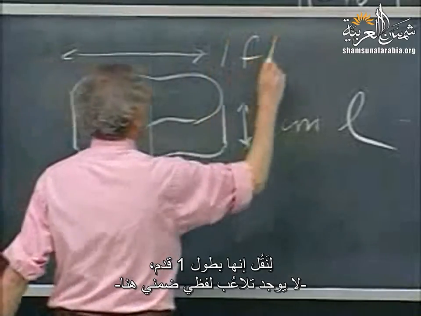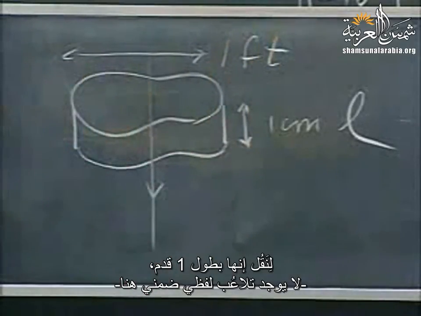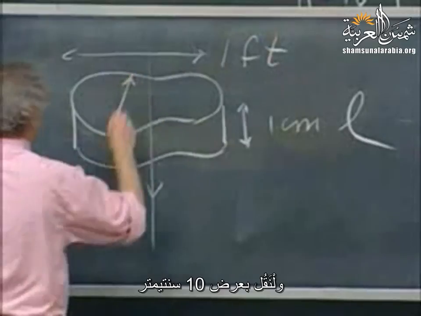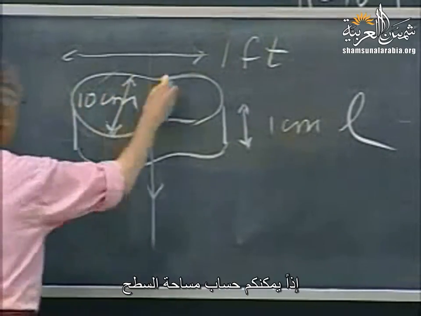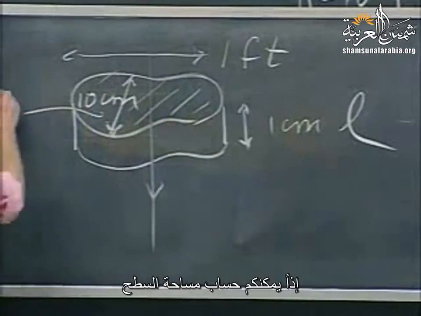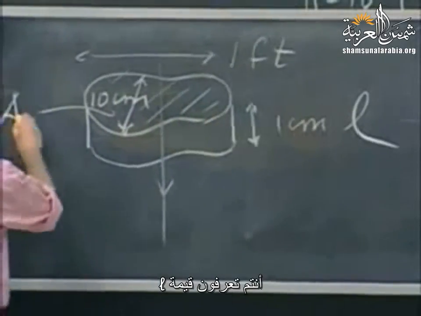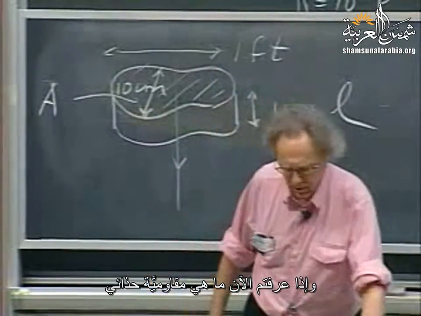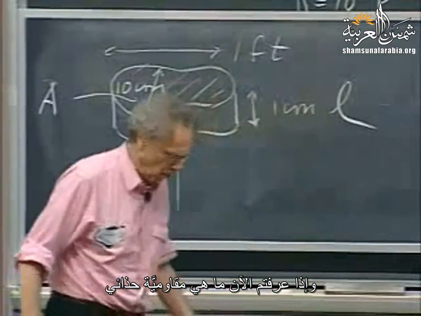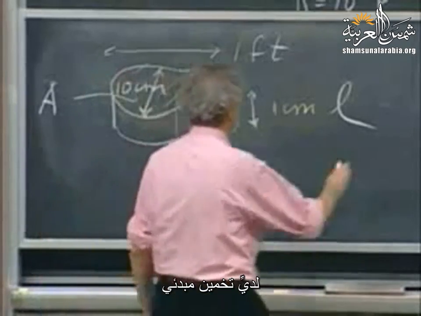Let's say it's 1 foot long, no pun implied, and about 10 centimeters wide. So you can calculate what the surface area A is. You know what L is. And if you know the resistivity of my sole, I can make a rough guess.